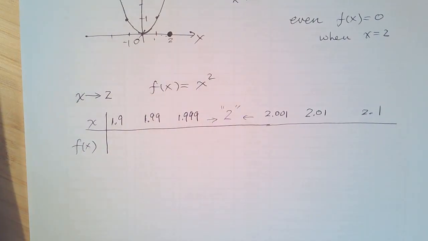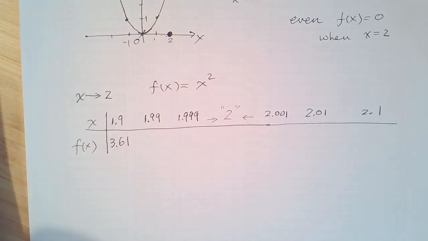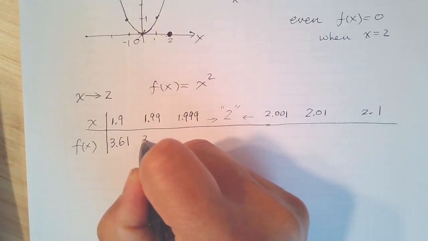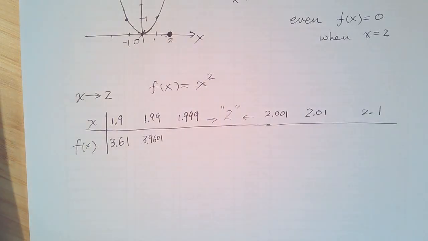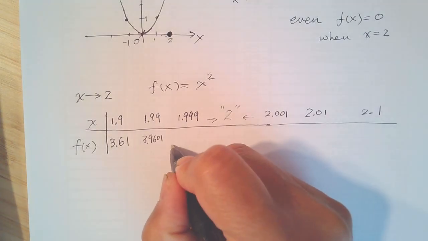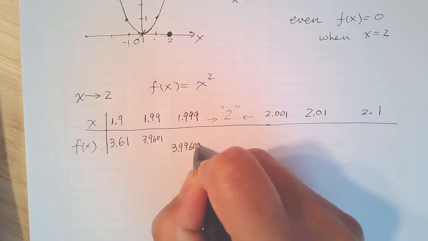So you go 1.9 squared, I get 3.61, all right? 1.99 squared, I got 3.9601, okay, and 1.999 squared, I got 3.996001.